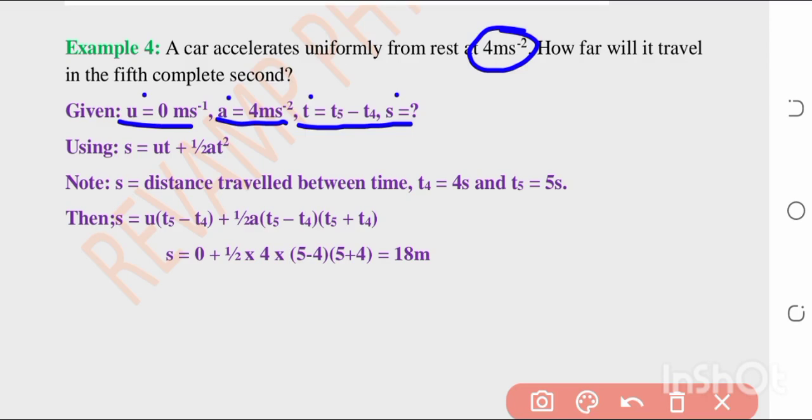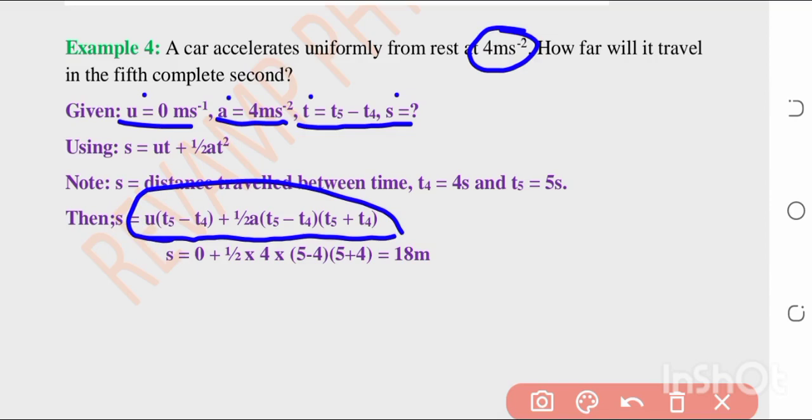Because our time is the time interval between t equal to 5 seconds and t equal to 4 seconds, that's why we have our equation rewritten in this form.